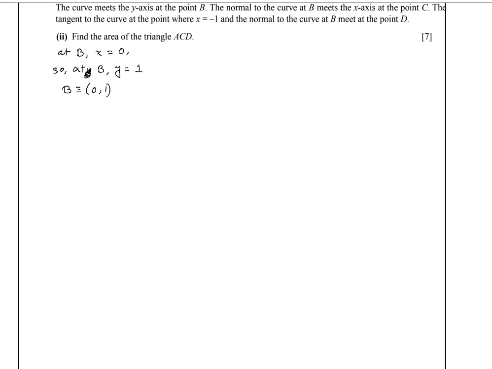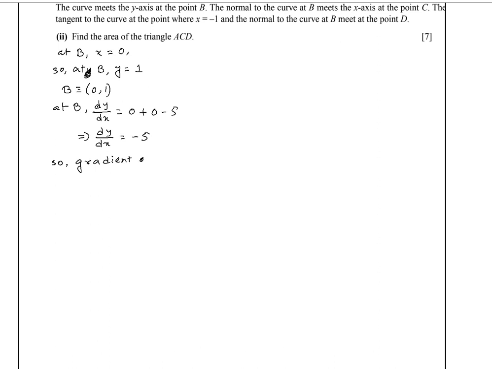Now let's find the gradient of the tangent drawn at B, that is, when x equals 0. dy over dx equals 0 plus 0 minus 5, that is dy over dx equals minus 5. So the gradient of the tangent at B is minus 5.